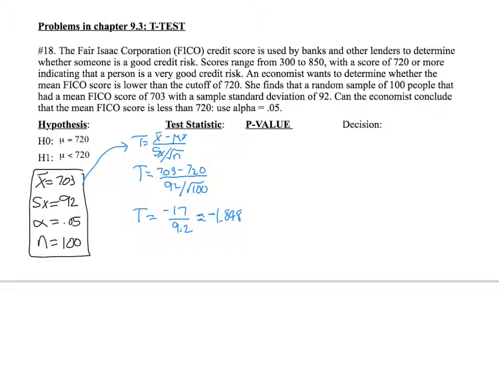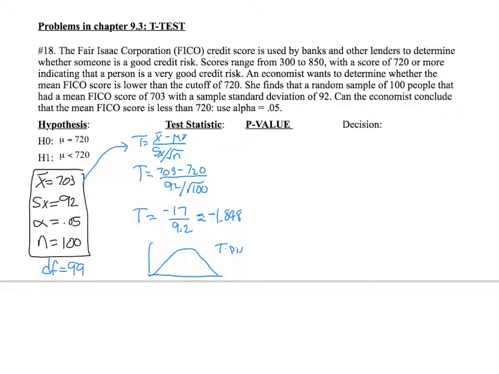And so the next step is to evaluate in our curve for degrees of freedom. Our degrees of freedom in this case is equal to 99, but if we went to the table, we know that under the t-distribution, we'll have to use about 100.